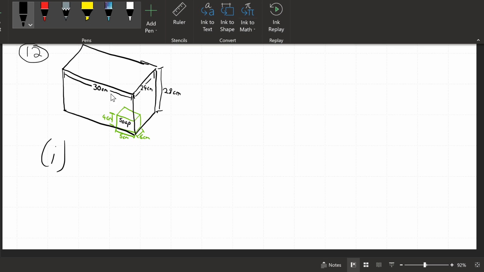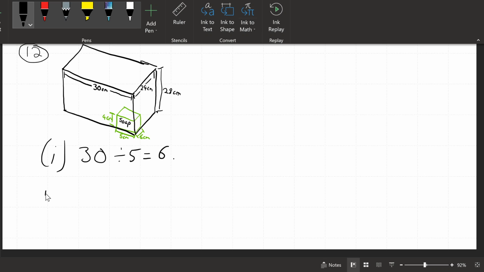So we're looking at that 30-centimeter side. How many of these soap blocks will fit along? Well, each soap block is 5 centimeters wide, and it's 30 centimeters. So all we needed to do was just go 30 divided by 5, so 6. Okay, 6 blocks along. Great.